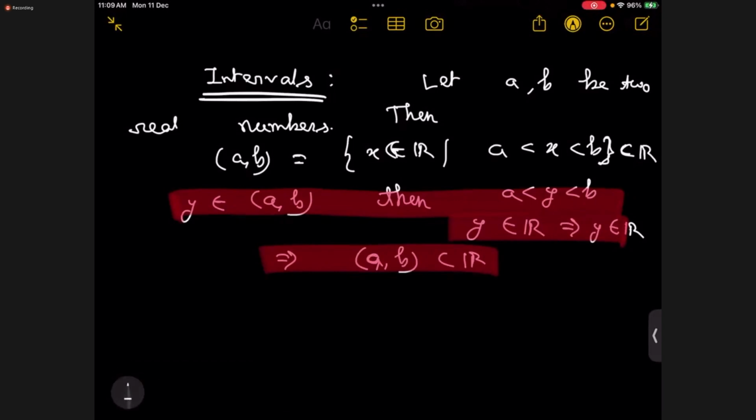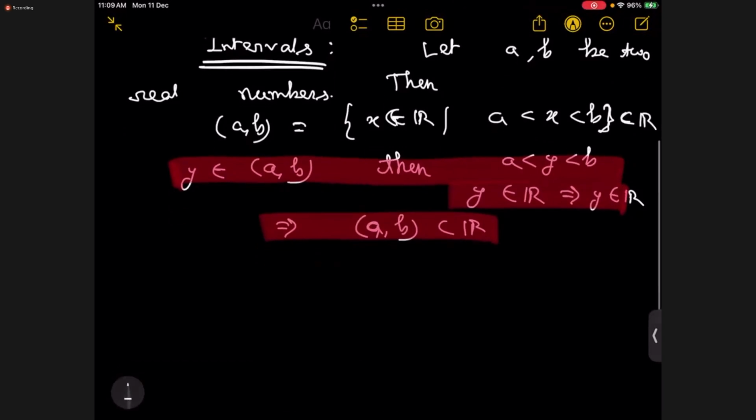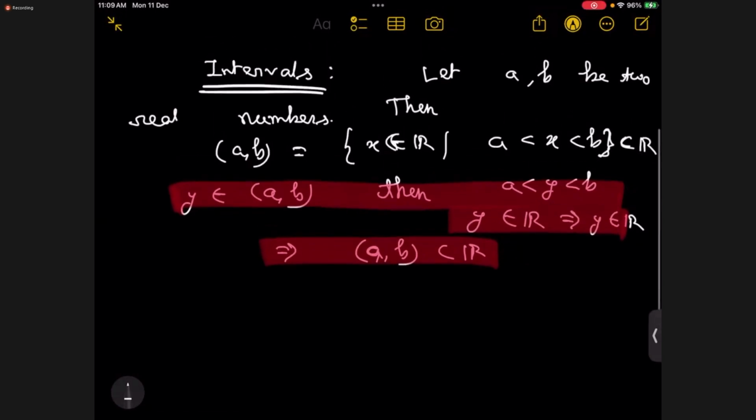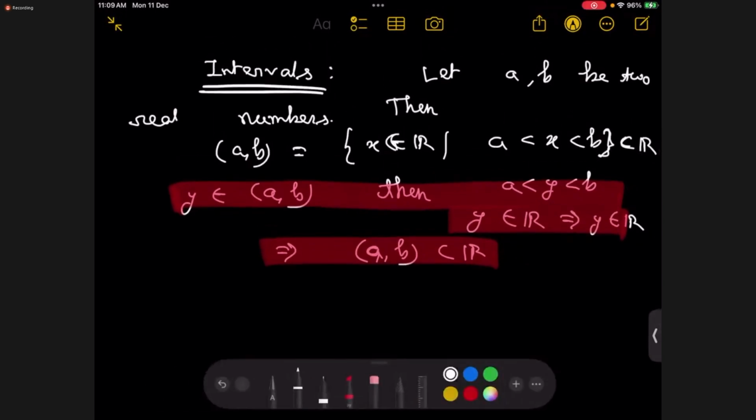Okay, now point out one thing: in this set we haven't included the two points a and b. Check that a and b do not belong to this set.